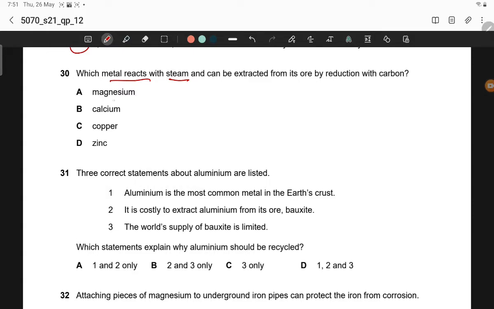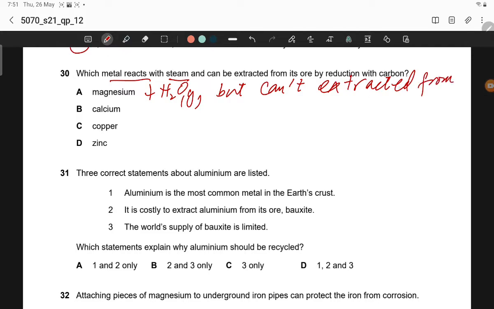Magnesium metal reacts with steam but can't be extracted from its ore by reduction with carbon.